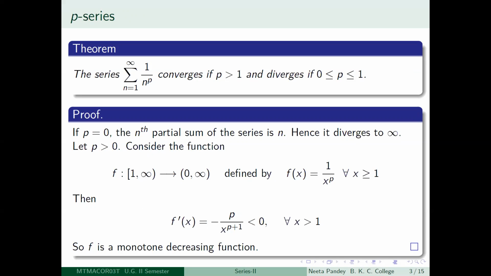But at the point 1, you have to look at the right derivative. So let us not bother about those things for the time being. What you have seen is that the derivative is less than 0 for this given function, and therefore f is a monotone decreasing function. Okay, so at least the first hurdle you have crossed.